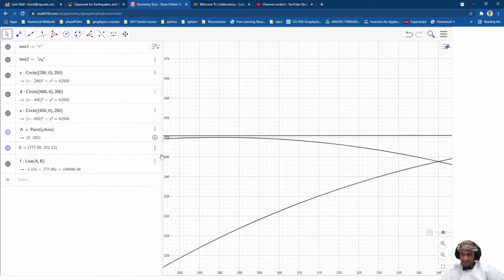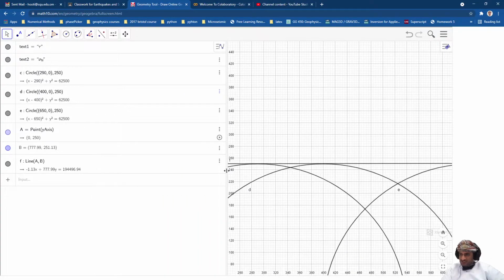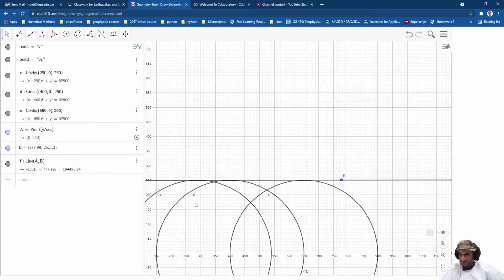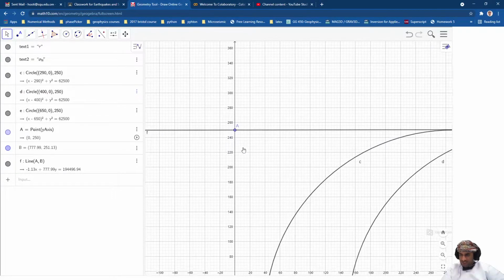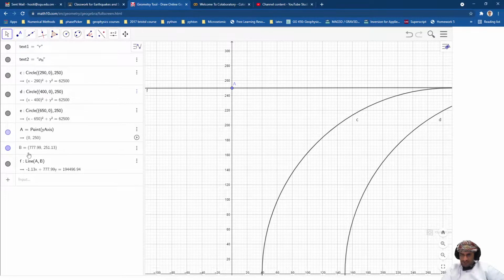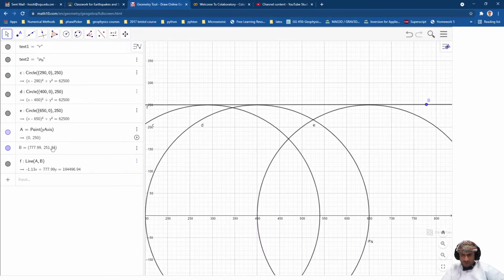So what I do, I can change the values of A and B to make it more accurate. The x value of A is 0, that's A, and y is 250. For B, I can take any value, but the y is supposed to be exactly 250.